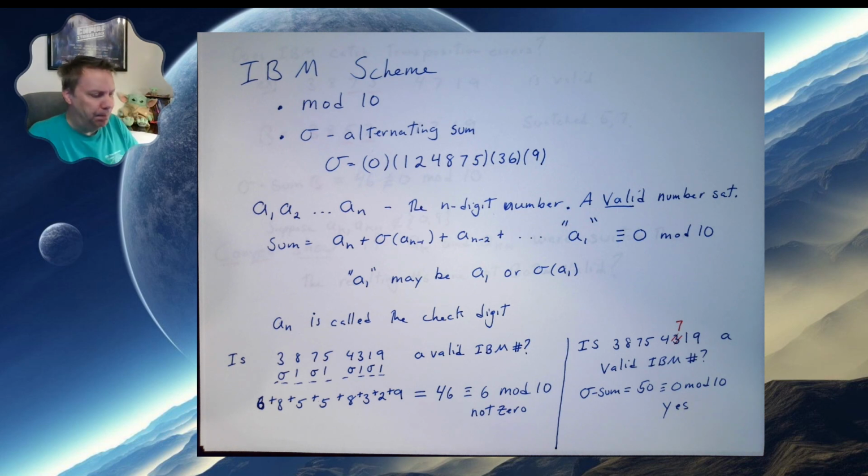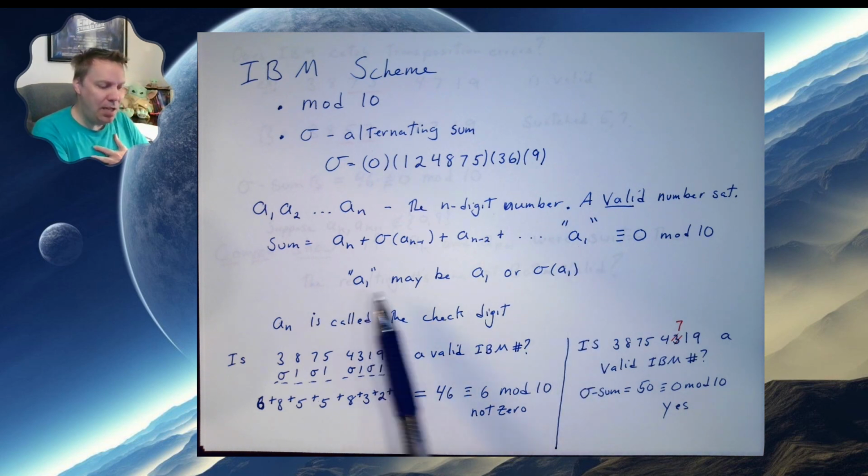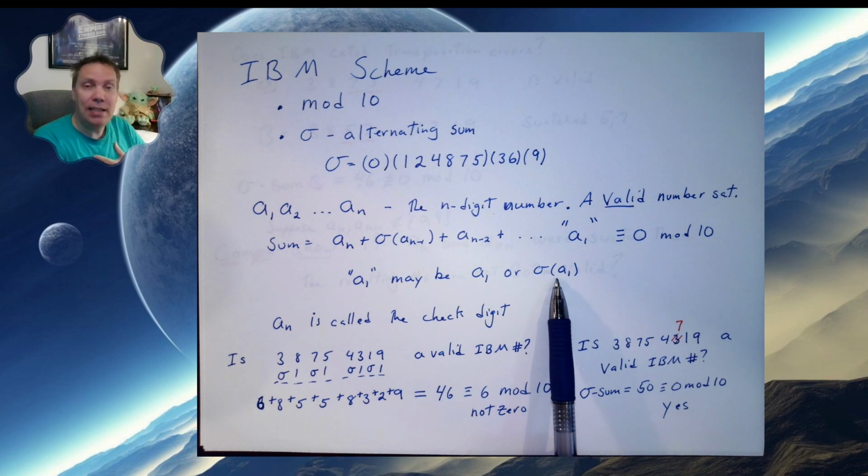So let me get to the scheme. If I have an n-digit number, a valid number satisfies the sigma sum such that the sum is congruent to 0 mod 10. I already said this was a mod 10 system. Now this last piece here may be just A1, or it may be sigma of A1.